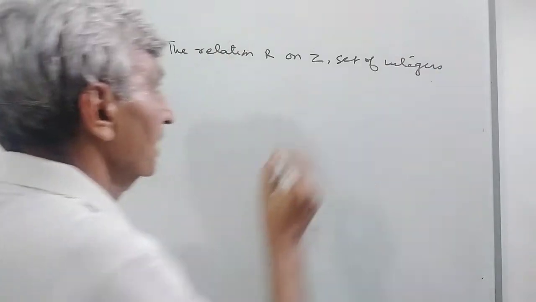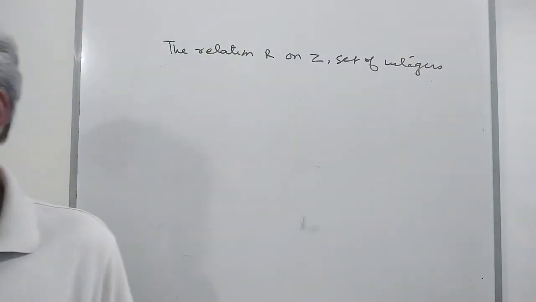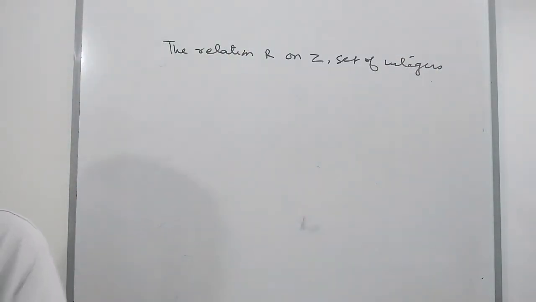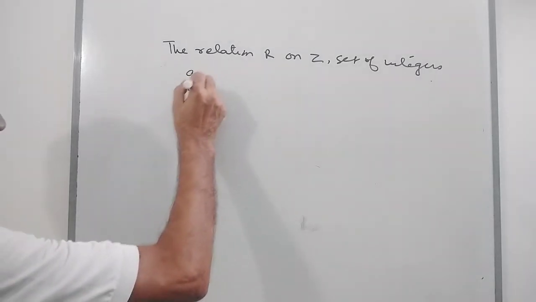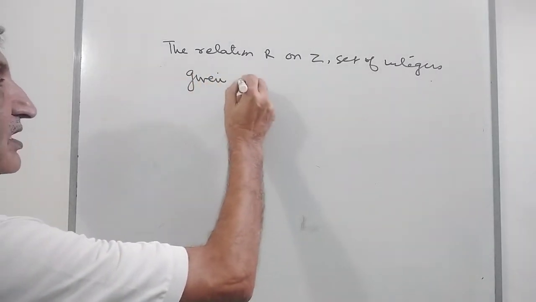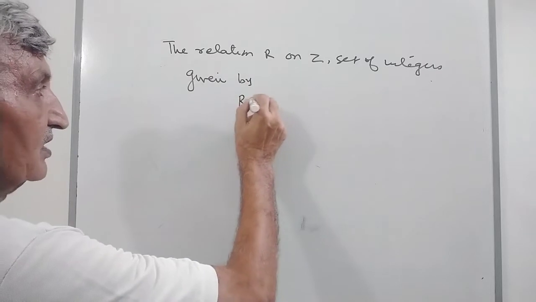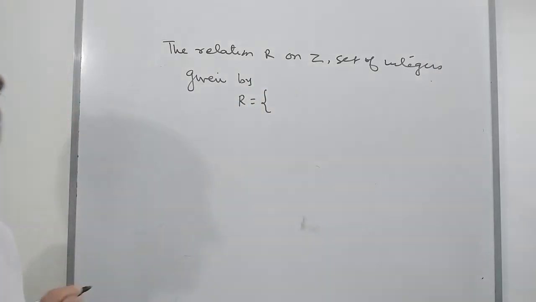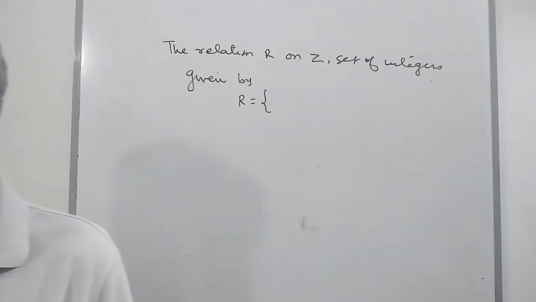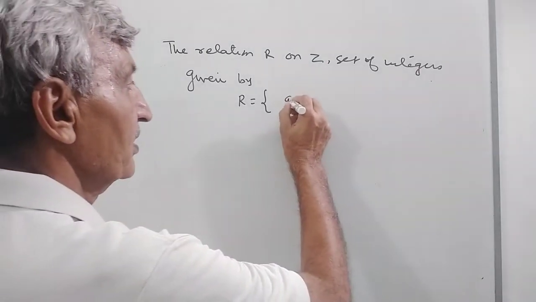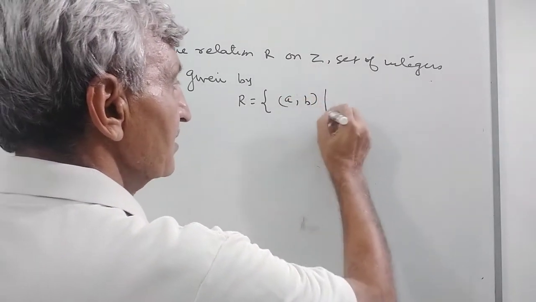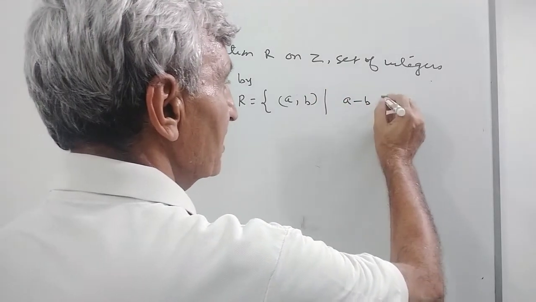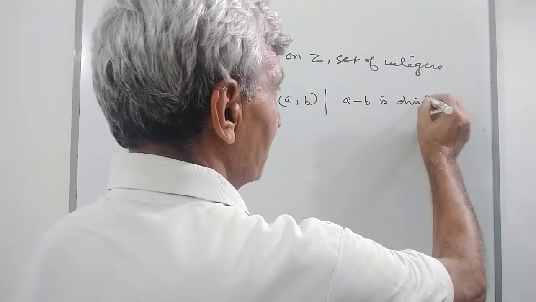The relation R is defined as: the set of pairs (a, b) such that a minus b is divisible by 5.